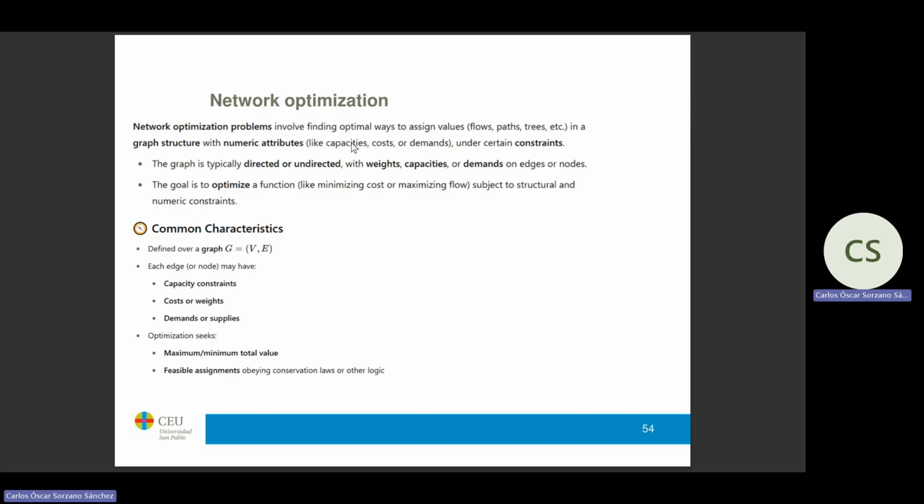These values can be capacities, costs, or demands. The graph may be directed or undirected. The goal is to optimize a function, for instance minimizing the cost of doing something or maximizing the flow from one node to another.